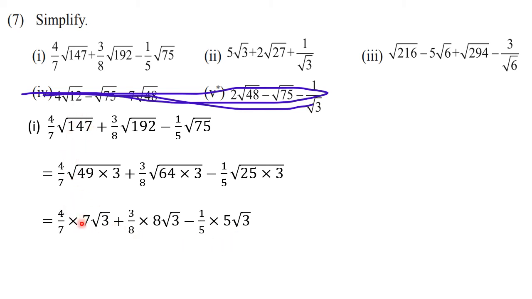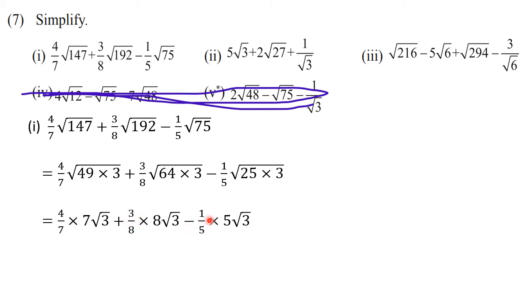147 we have simplified as 7 root 3. 192 we have simplified as 8 root 3. And this 75 we have simplified as 5 root 3. Now what you can observe is that this 7 and this 7 will get cancelled, 8 and 8 will get cancelled, 5 and 5 will get cancelled. And simply here we will get the numbers 4, 3 and minus 1.